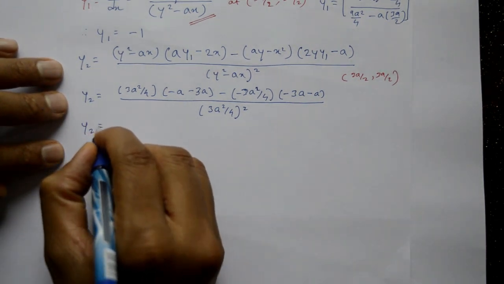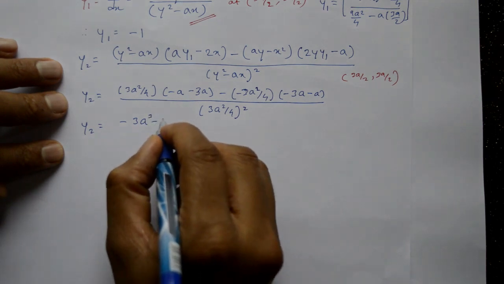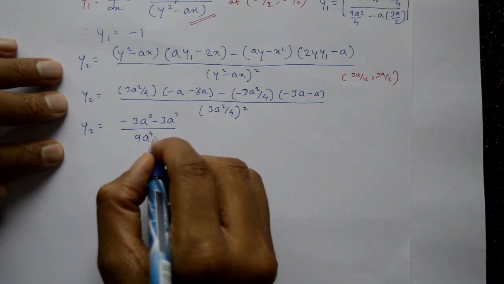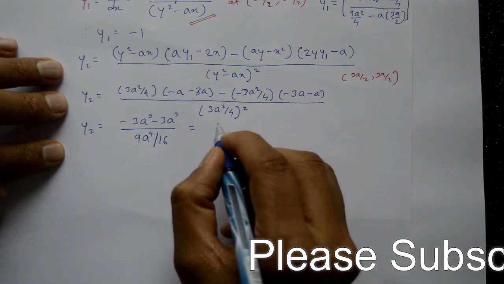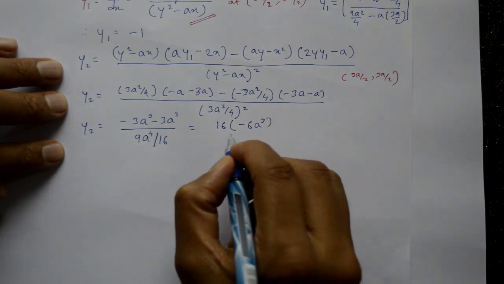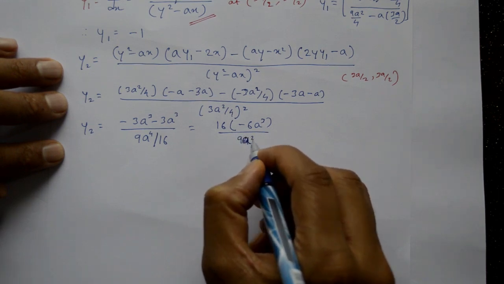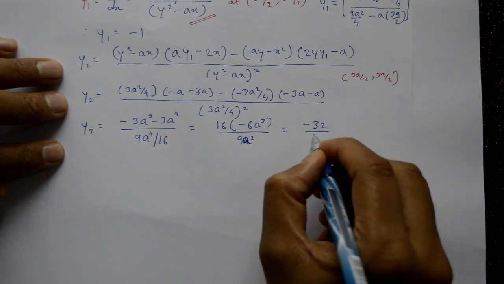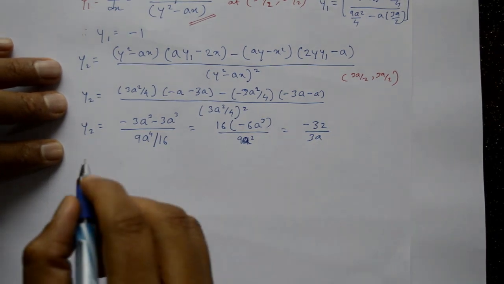And y2 is equal to minus 3a cube minus 3a cube divided by 9a raised to 4 by 16. And this one is 16 into minus 6a cube by 9a to the power 4. And this is equal to minus 32 by 3a. Yes, y2 is equal to minus 32 by 3a.